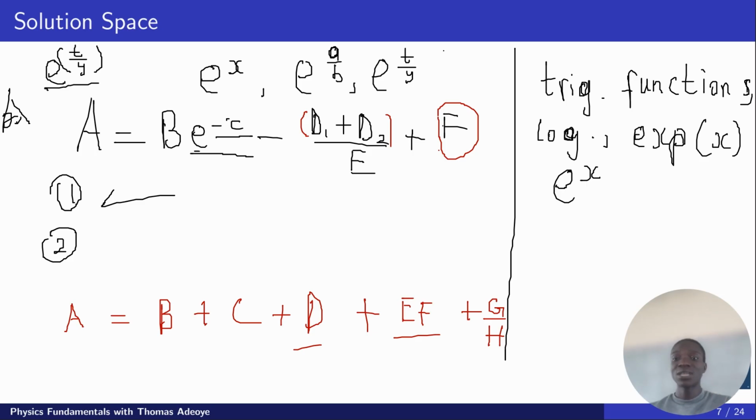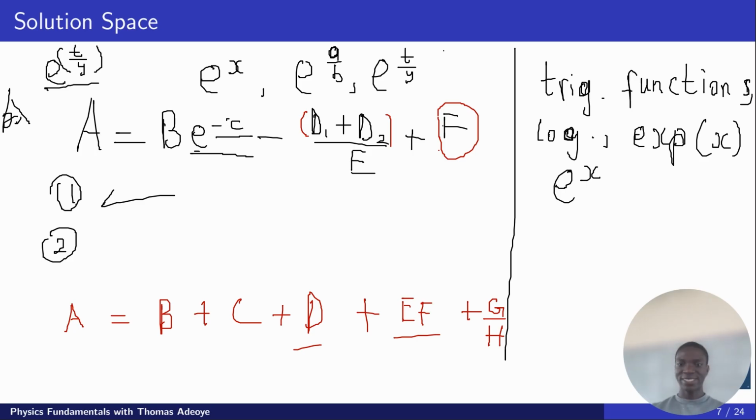And they didn't tell us if F is a number or not here. So we can't just say D and E have the same dimension. Sorry, D and E don't have the same dimension, but D and EF combined have the same dimensions. Another thing is that D and G over H have the same dimension. So it is wrong for me to say that F and D1 plus D2 have the same dimension.